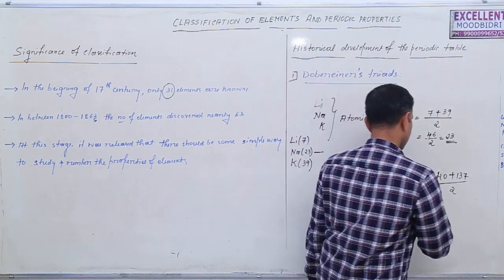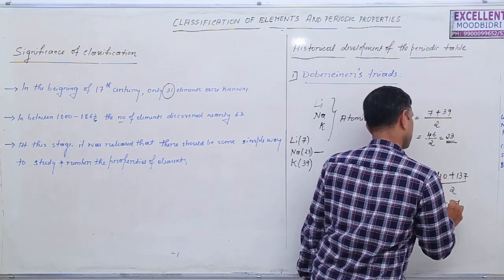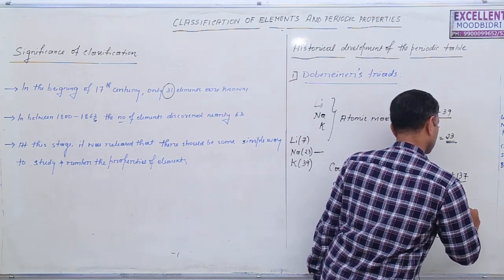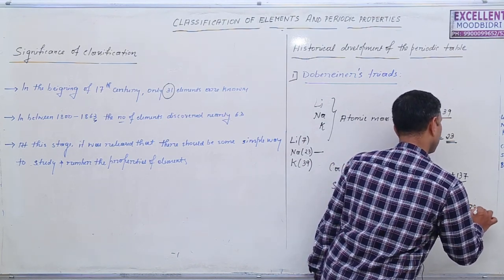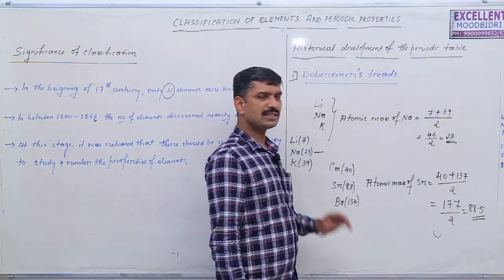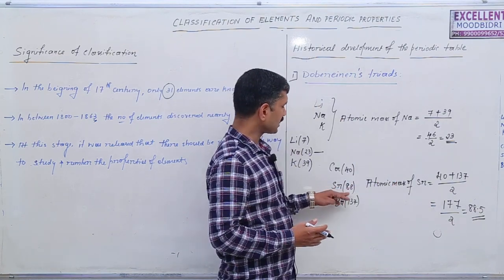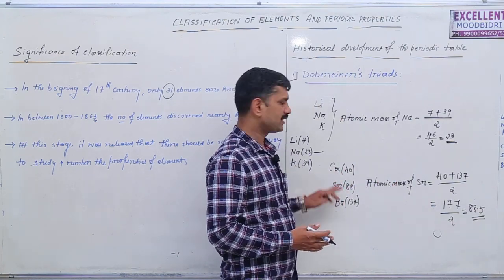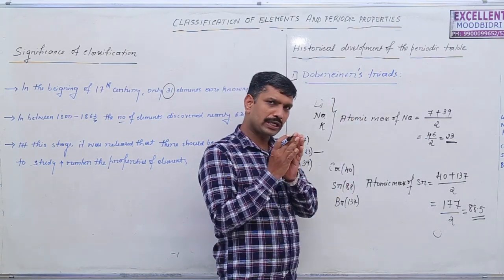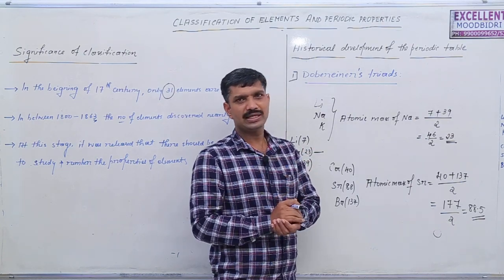Simplifying, 177 divided by 2 is 88.5. So the strontium atomic mass is about 88. So this is called a triad: a group of three elements is known as a triad.